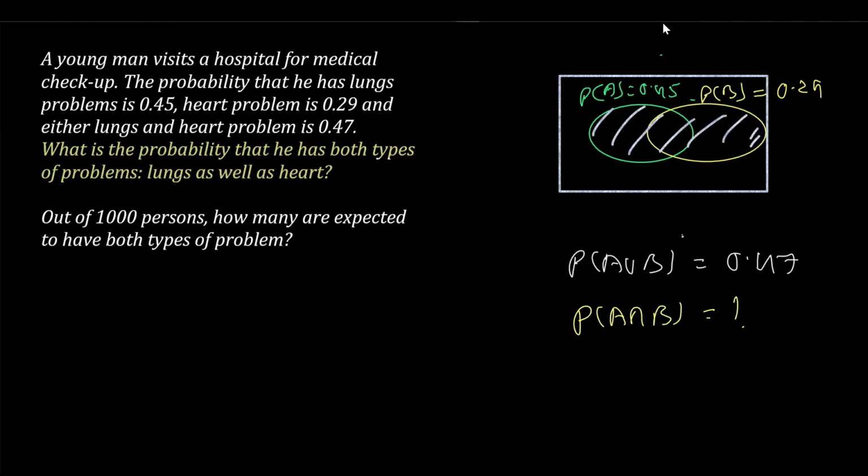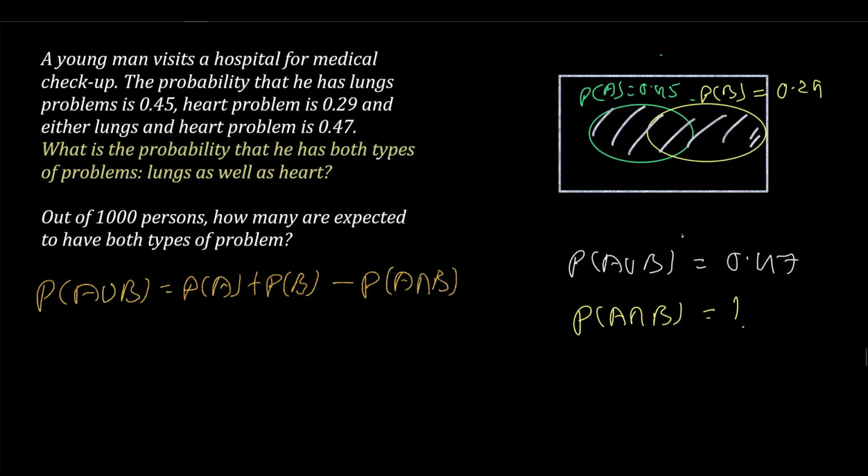We can do so by applying the direct formula. We know that PA union B is equal to PA plus PB minus PA intersection B. And as you can see, we have all the information mentioned over here. To get PA intersection B, we can plug in the values. So we know PA union B, and union is given as 0.47.